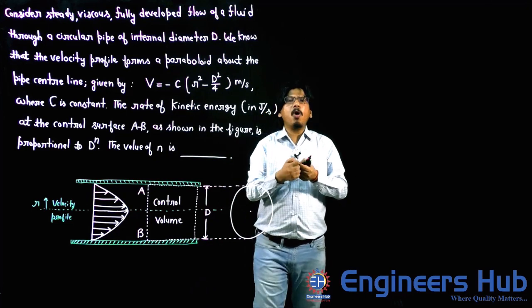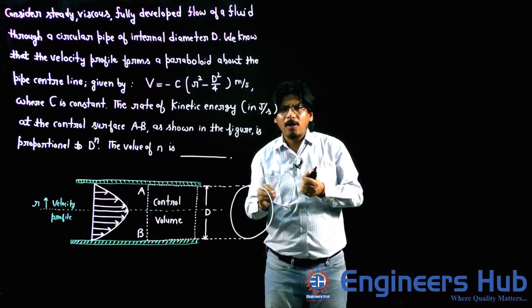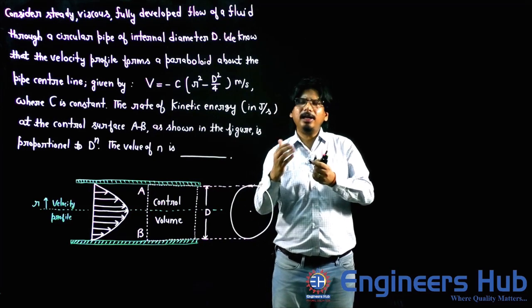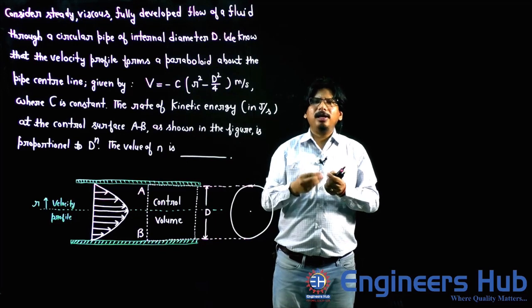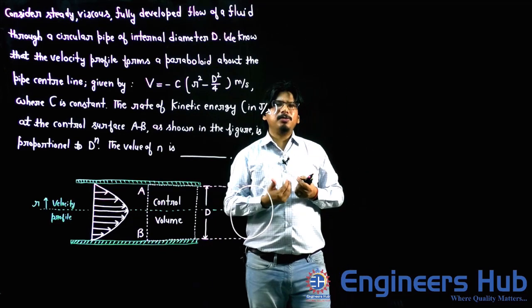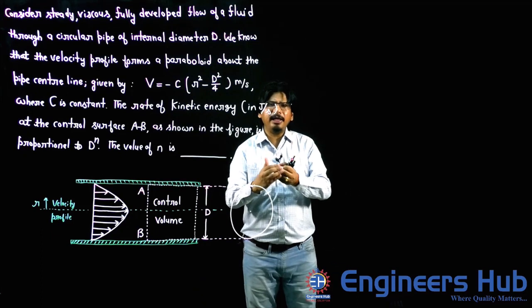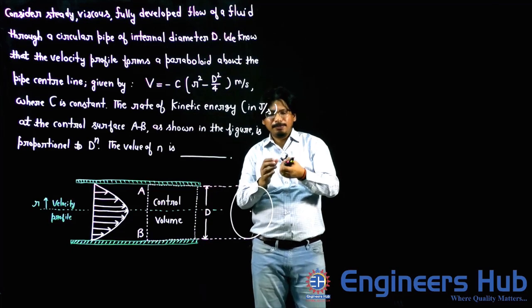Let us take one small strip where we can assume the velocity is almost constant, and then with the help of that particular strip we will be finding the small kinetic energy rate passing through that small strip, and then we will be integrating throughout the pipe. So let us see, my friends.